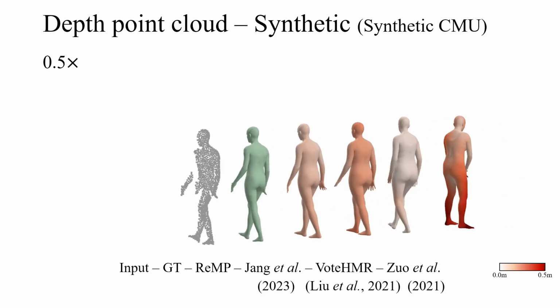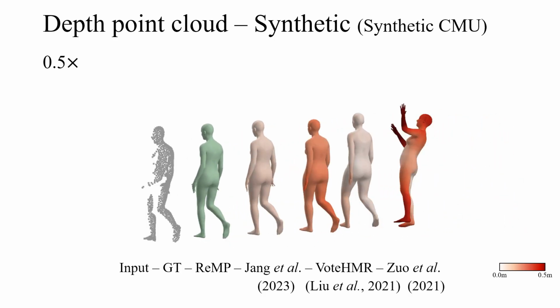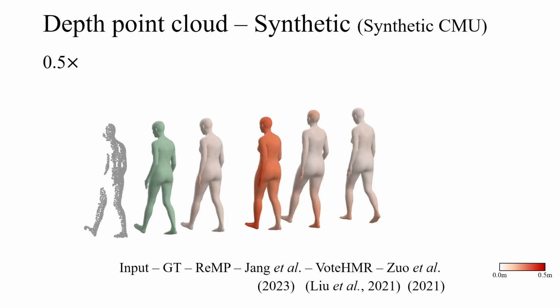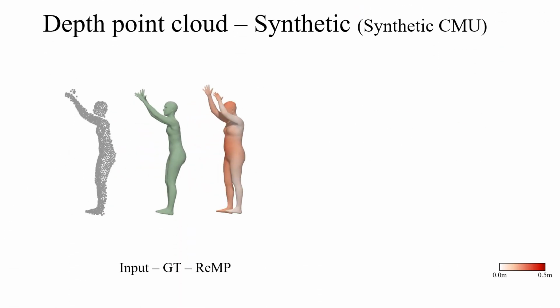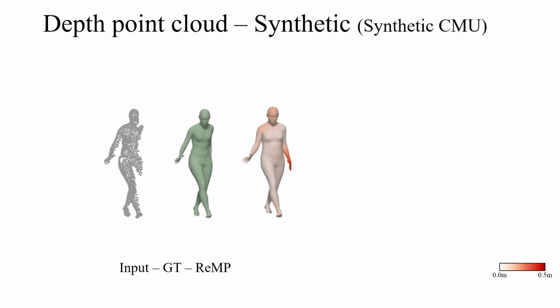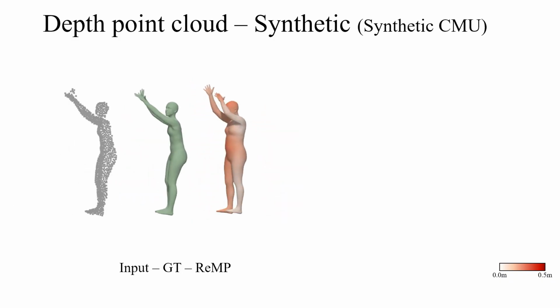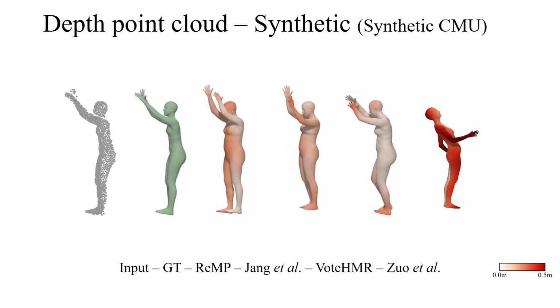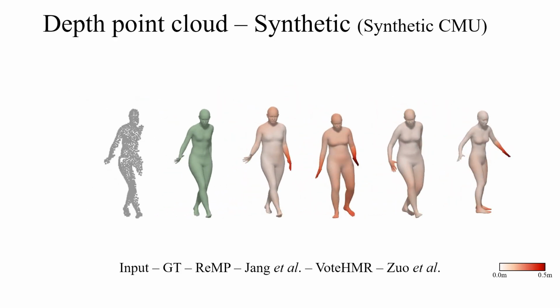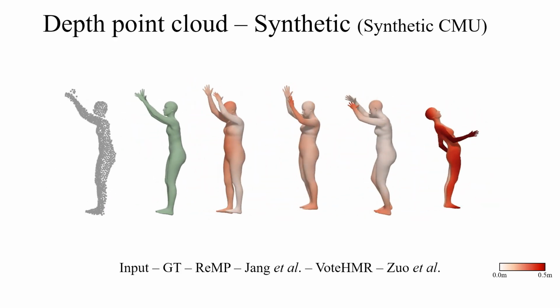This slide shows the motions played slowly. This is another result on synthetic depth point cloud. The baselines fail to reconstruct accurate motion on extreme movements.